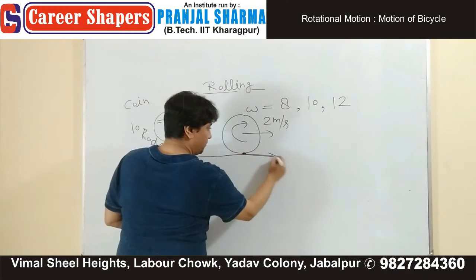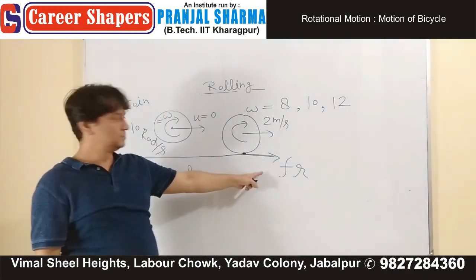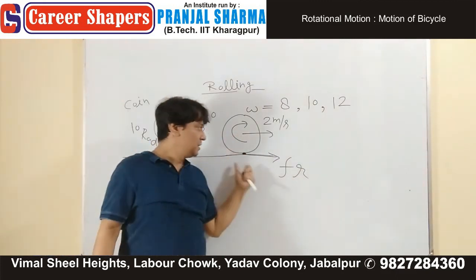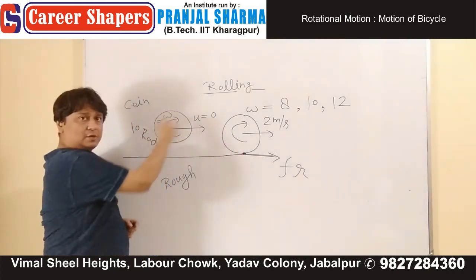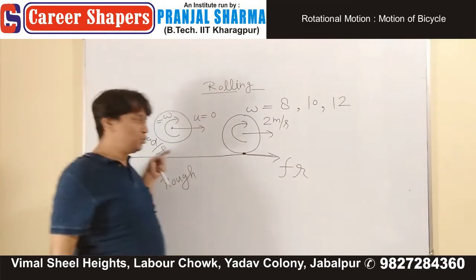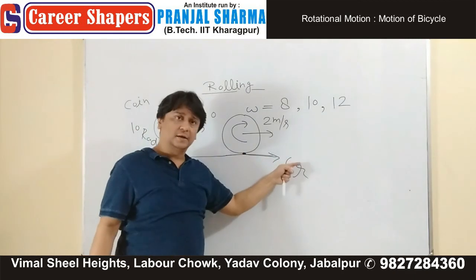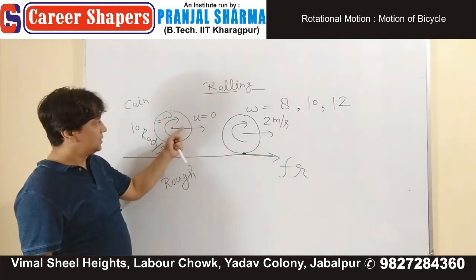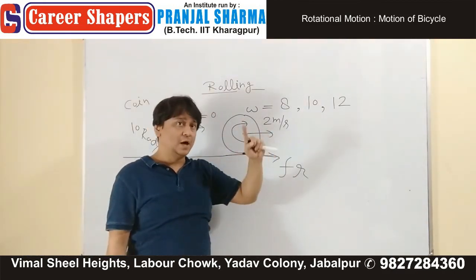By applying a force in this direction, which is the force of friction. As soon as this coin comes in touch with the ground, this point due to rotation was going back. To oppose this backward motion, friction acts in the forward direction. This force acts forward. It is this that developed the speed, made u from 0 to 2.